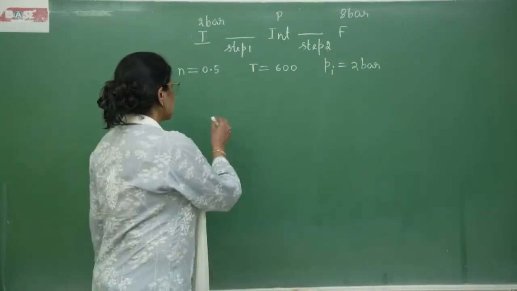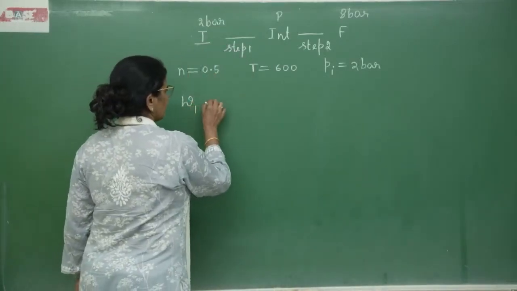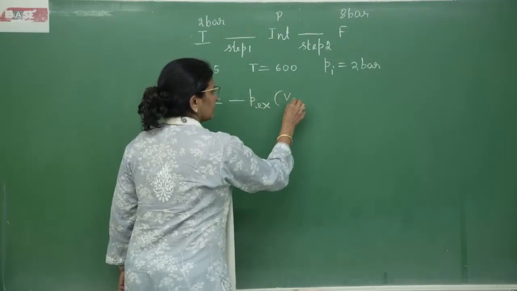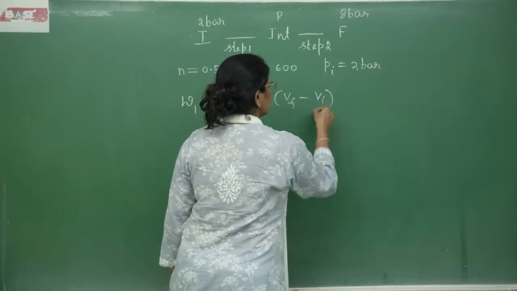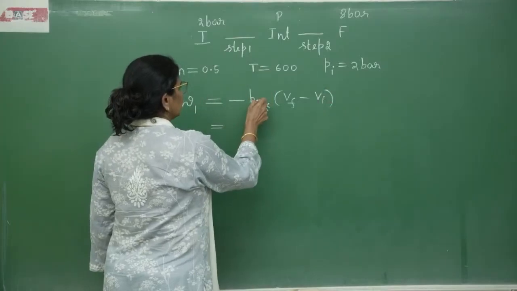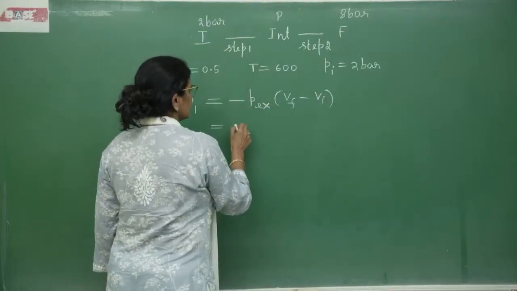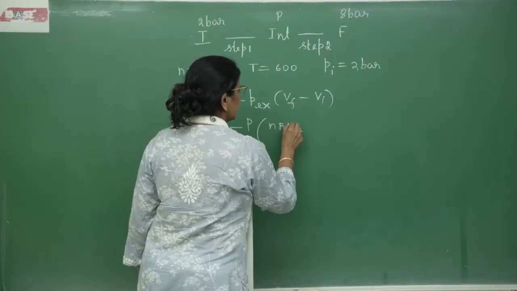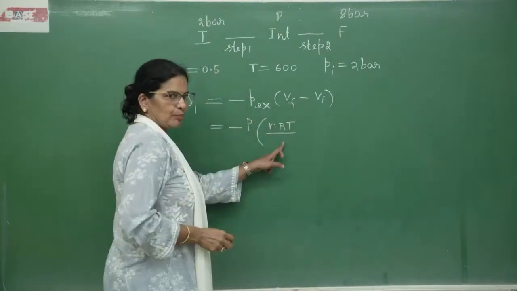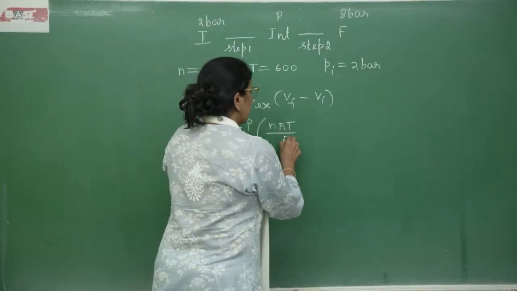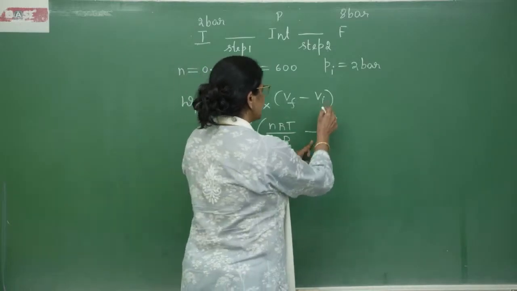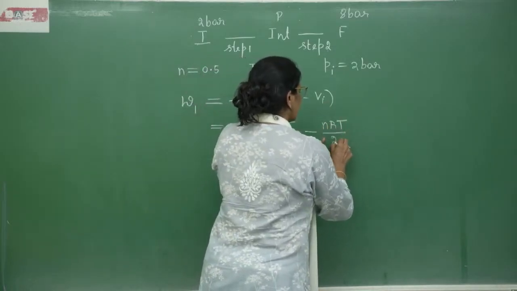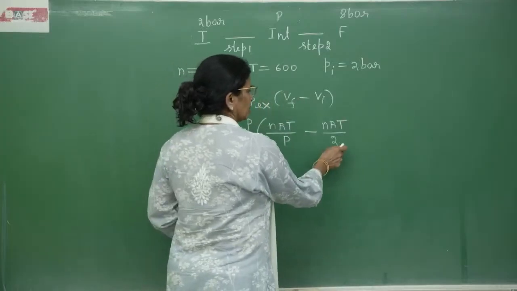So as a result, the work done in the first step will be minus P external into V final minus V initial. So the external pressure is P, V final is nRT divided by P, the final pressure, minus V initial, which is nRT divided by the initial pressure, that is 2.